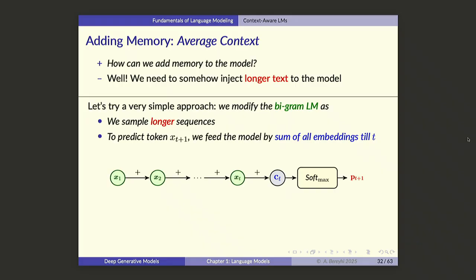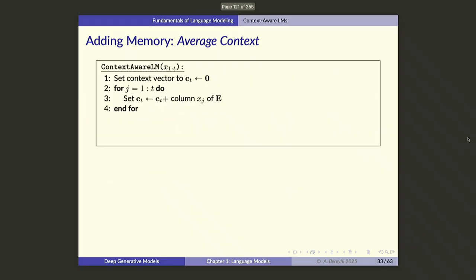Okay? Now, this is a more realistic model because here we are essentially including everything behind into the context, right? We're not looking just at the last word itself. If you want to think about it from an algorithmic point of view, you start from the beginning of the text, and then you add up all the embeddings together until you're over with the sequence.